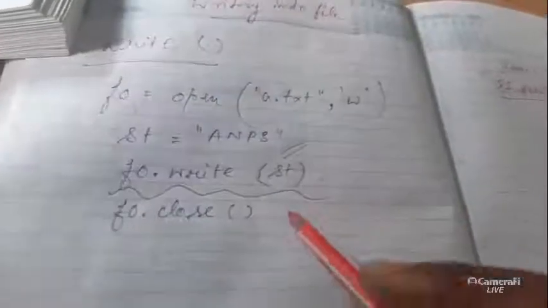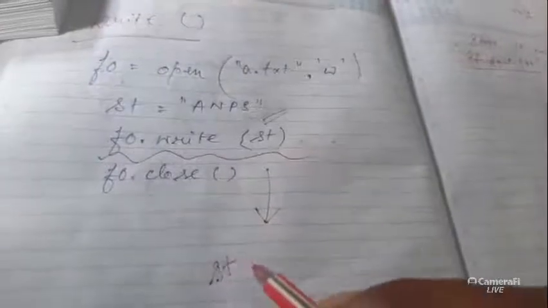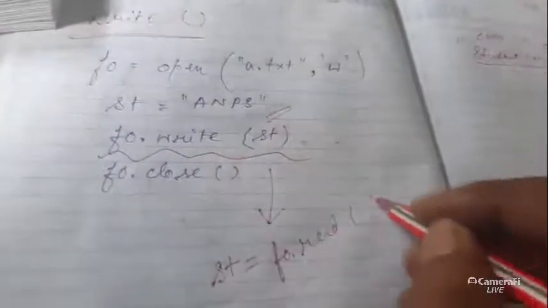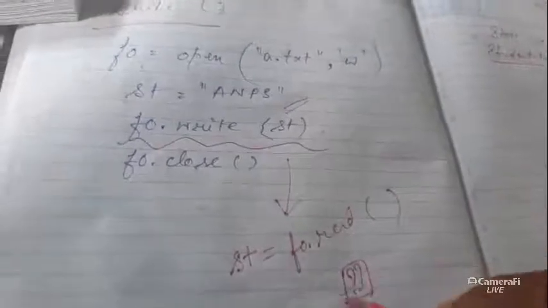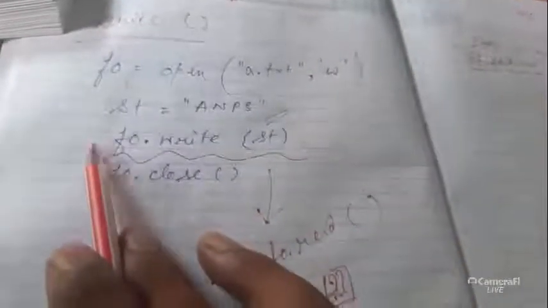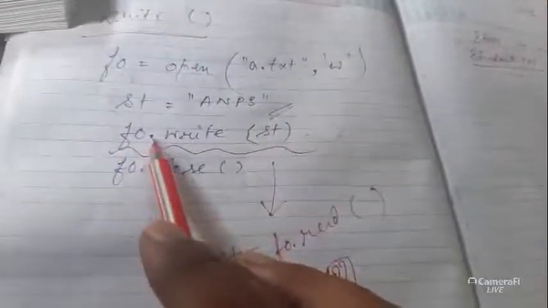If you see the difference with read, when I want to read anything, we write st equals fo.read. What was happening then? Whatever content is in the file comes to your variable st. Now just the opposite is happening. Here we are not storing anything in a variable, we are sending one value to the file object fo, my file handling object.